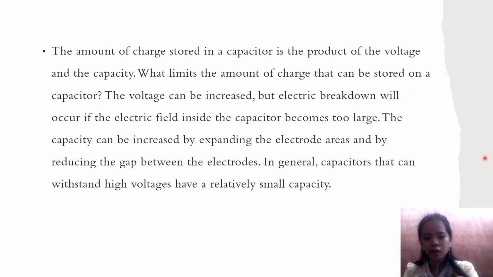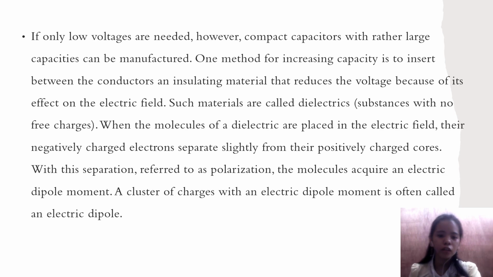So the capacitor has its limit, and once it exceeds the limit, it will break down, but it can withstand a high voltage. If only low voltage is needed, however, compact capacitors with large capacities can be manufactured.